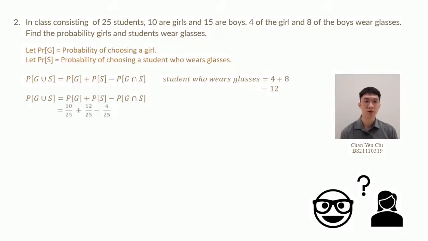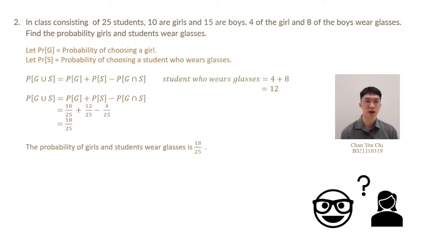To find the probability of girls or students who wear glasses, we use the formula probability G union S equal to probability of G plus probability of S minus probability of G intersect S. The value for probability G is 10 over 25 and the value for probability S is 12 over 25.